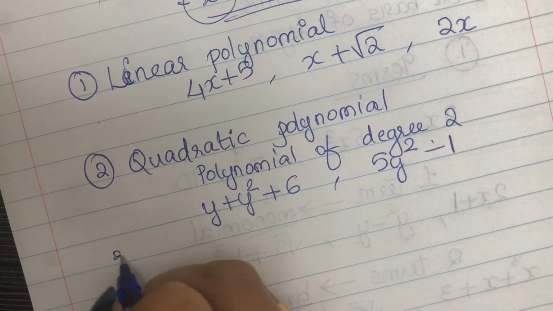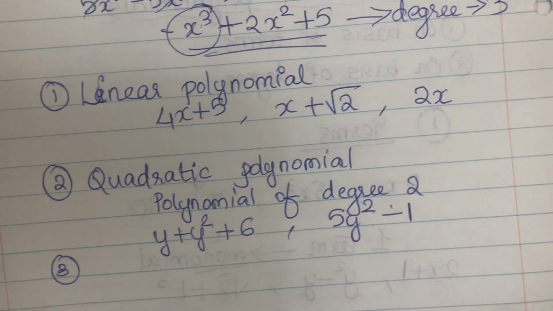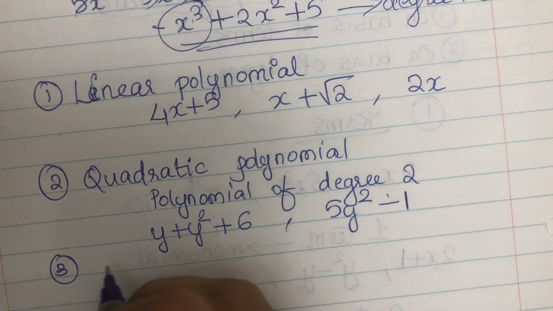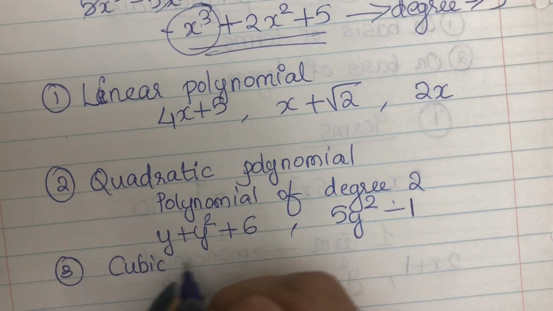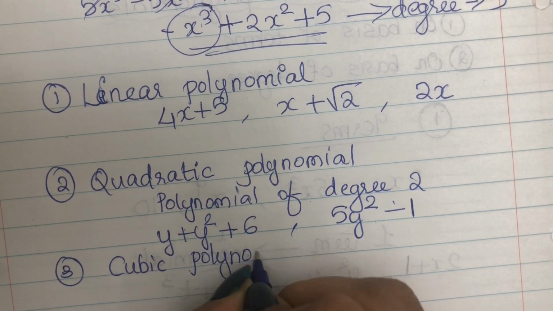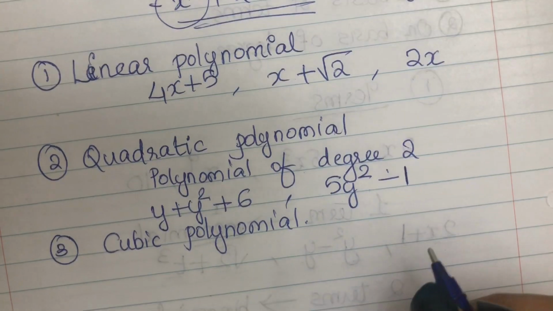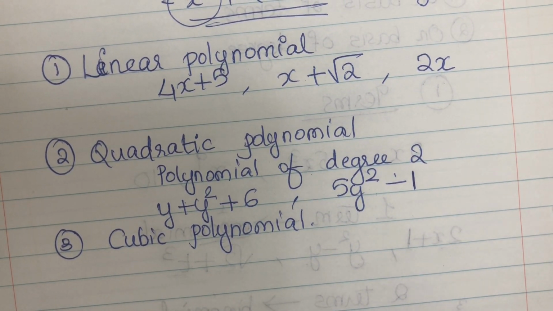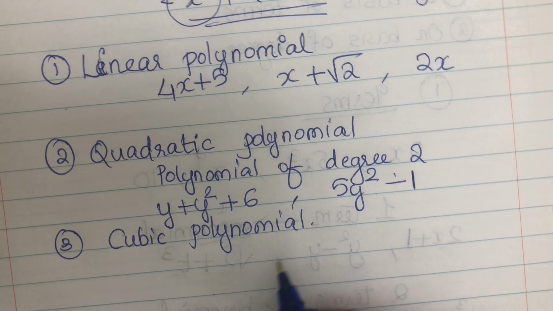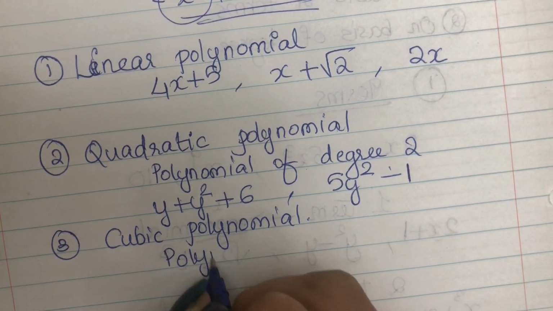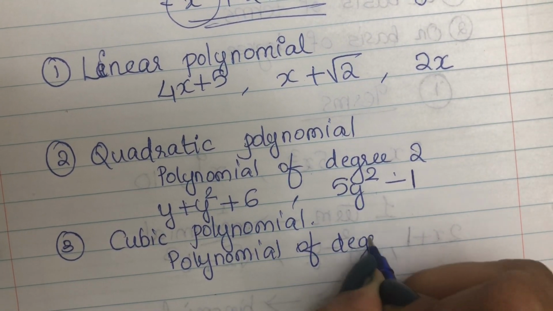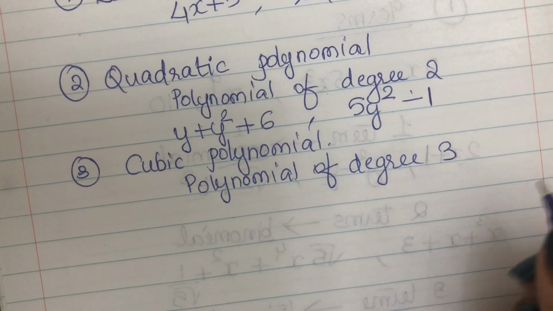Now, what do you think? If the polynomial has degree 3, what is it called? It is called a cubic polynomial. So what is the degree of a polynomial? The degree of the polynomial is the highest power of the variable, right? So a polynomial of degree 3 is a cubic polynomial.